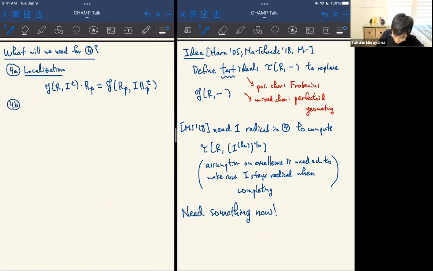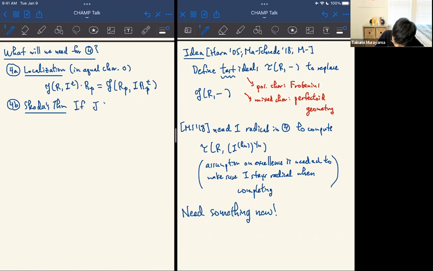So again, I guess this is in equal characteristic 0. I should make that clear. And the second thing that you need is what's called Skoda's theorem. Skoda, for us, I guess, is famous for the Briançon-Skoda theorem, and this is related to those types of results.